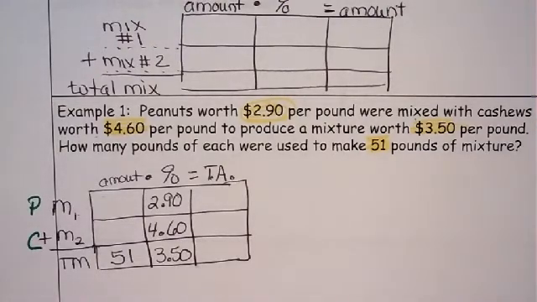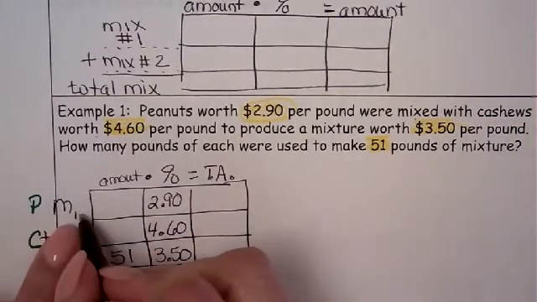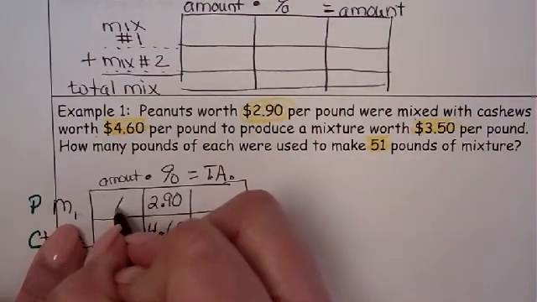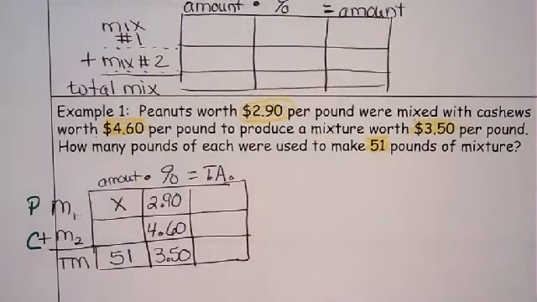Now, let's back this up because we got some more spaces to fill in. I need an X because I need to solve an equation. We're going to make the peanuts, or our first mixture, our X. I could do either, but I'm going to make the first one X. What am I going to put for mix 2?